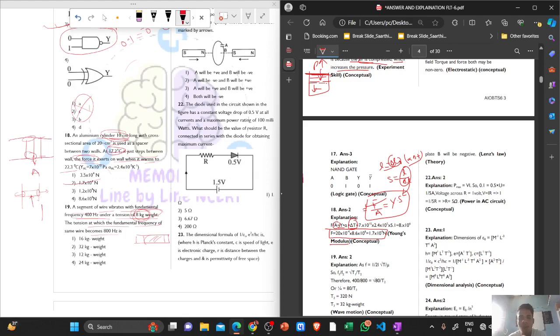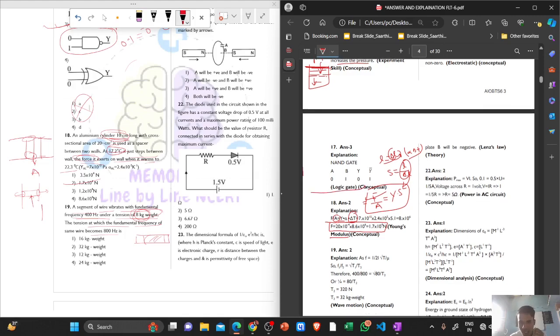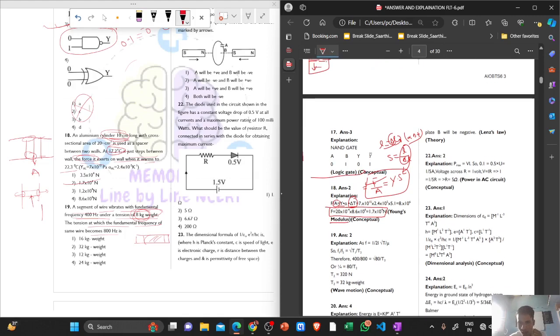For this question you just need to understand that the fundamental frequency is given by a formula, which is directly proportional to the square root of T by mu. It means mu is the same, like linear mass density is the same, as the wire is the same. So taking the ratio of f1 and f2, we get the square root of T1 by T2.